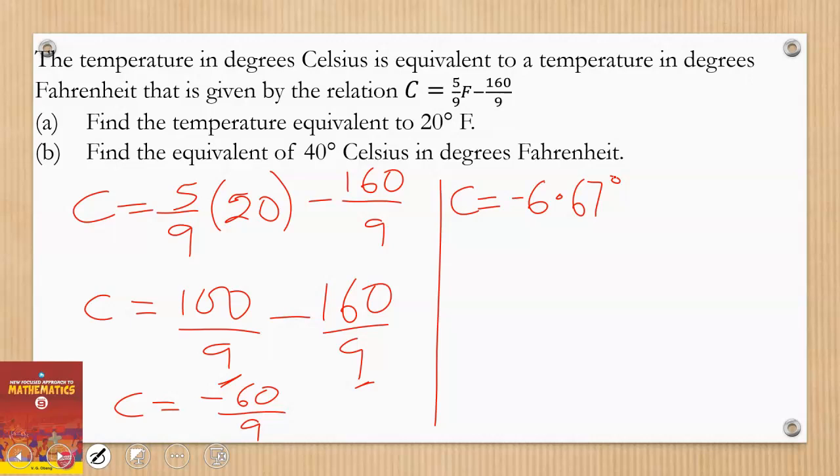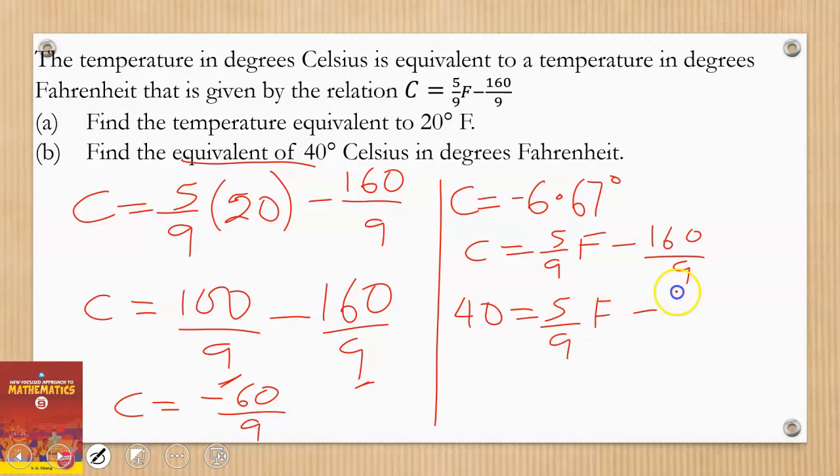Now, the question again wants us to find the equivalent of 40 degrees Celsius in degrees Fahrenheit. So, knowing our relation to be 5/9 F minus 160/9, this time around the degrees Celsius has been given as 40, and we have to make Fahrenheit the subject.